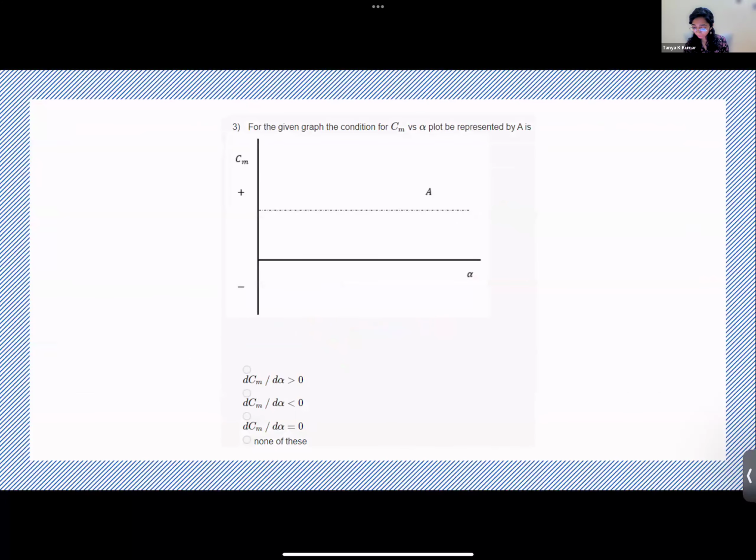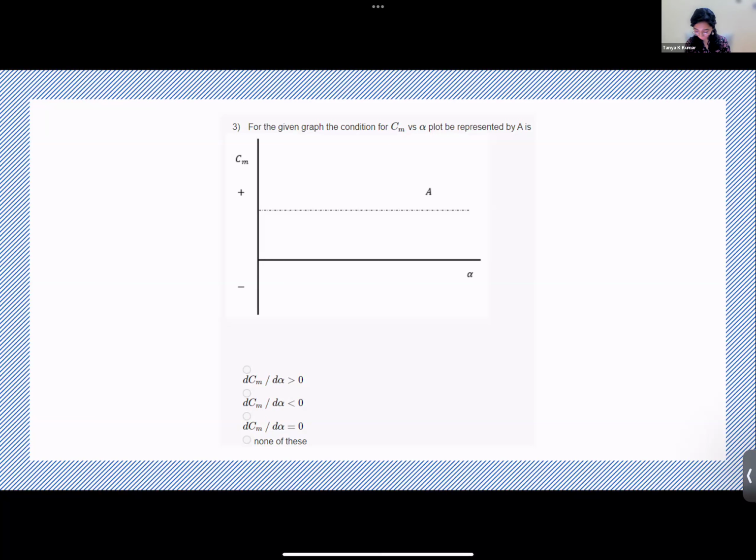For the given graph, the condition for the CM versus alpha plot represented by the line A is. What is the right answer? Option C. Yes, so dCm by d alpha is 0. What should the condition actually be?